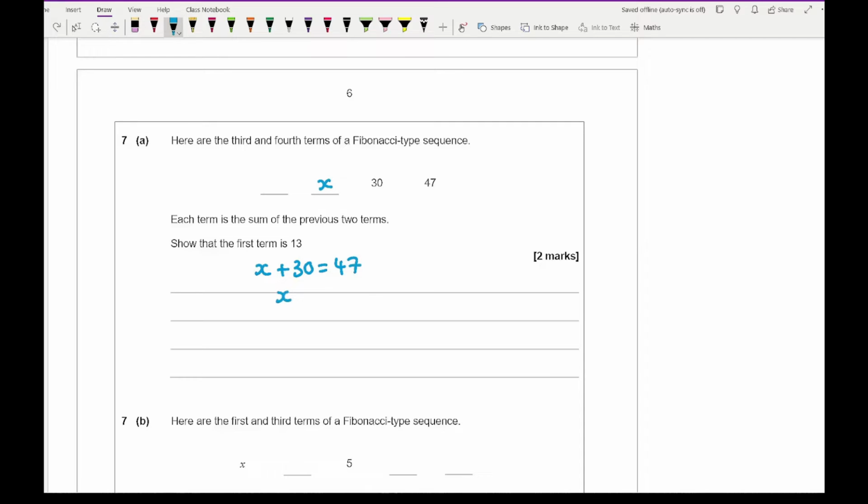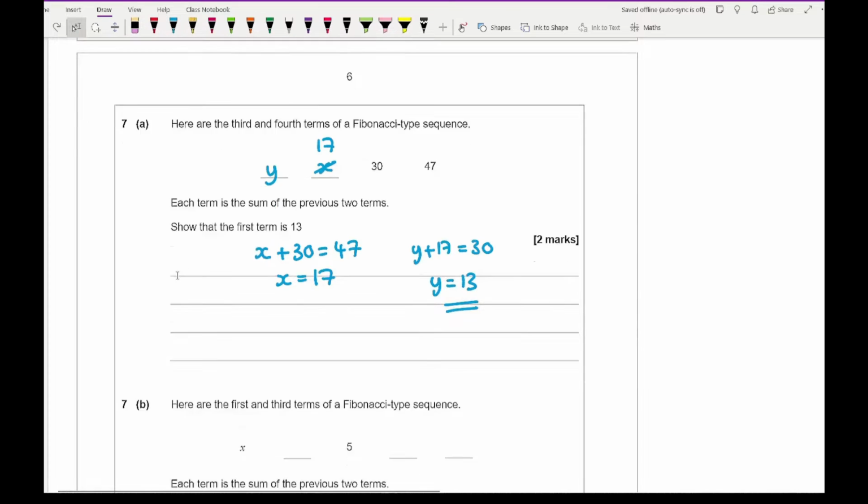So therefore x equals 47 take away 30, so that's going to be 17. So I can swap this with 17. Then if I write this as y, so then I have y plus 17 equals 30. I can then do a bit of rearranging and I get y equals 13, and that would be one way to show that the first term is 13.